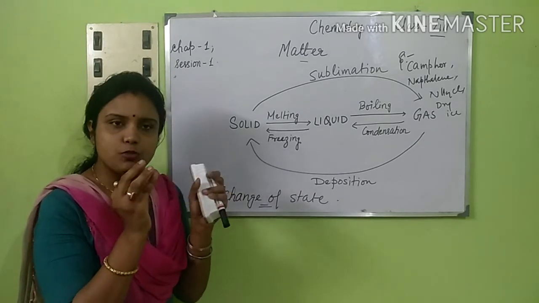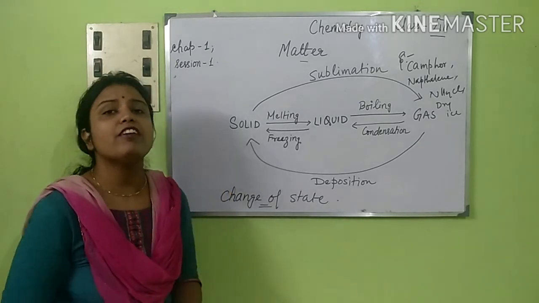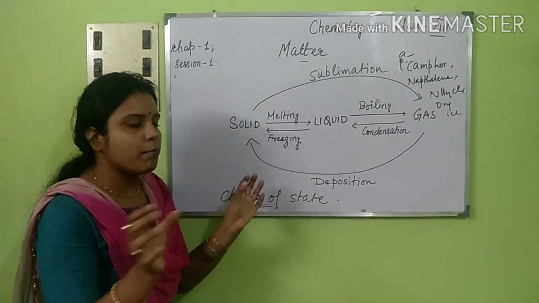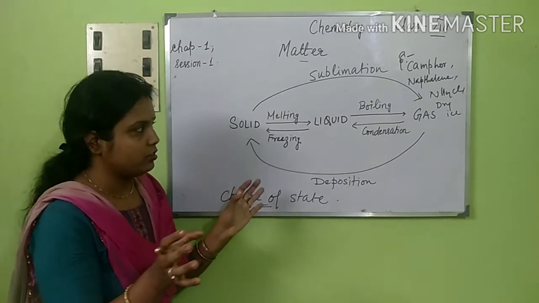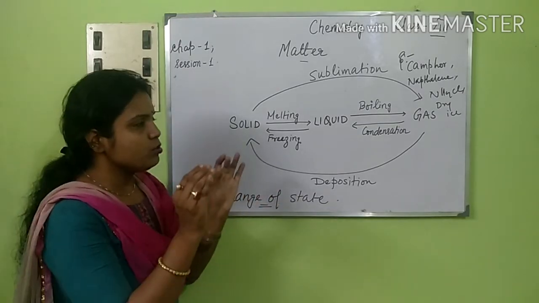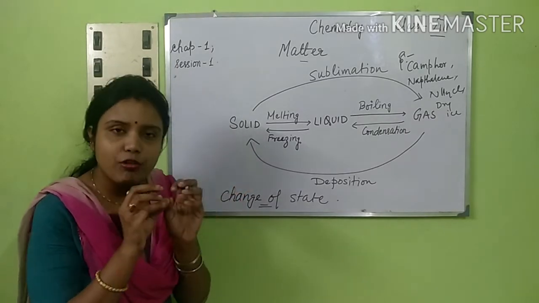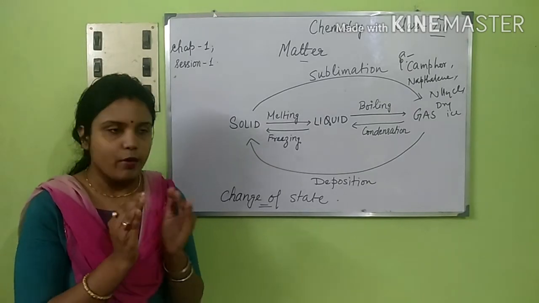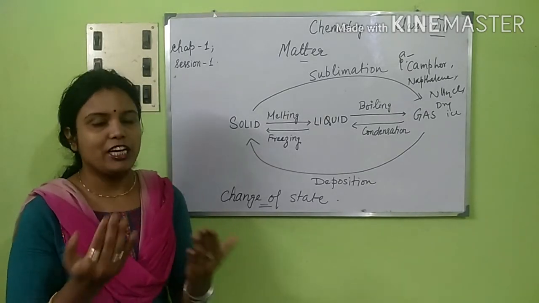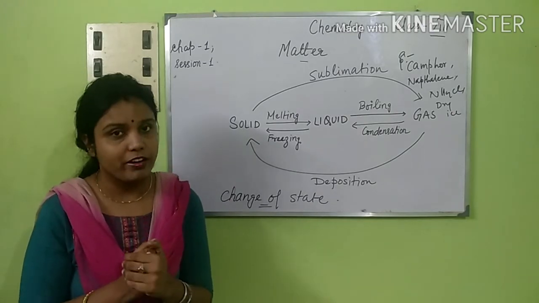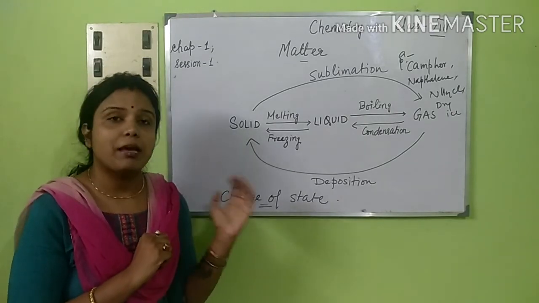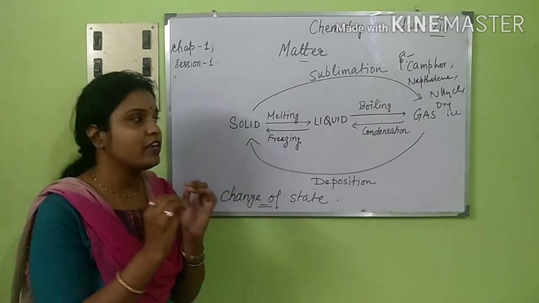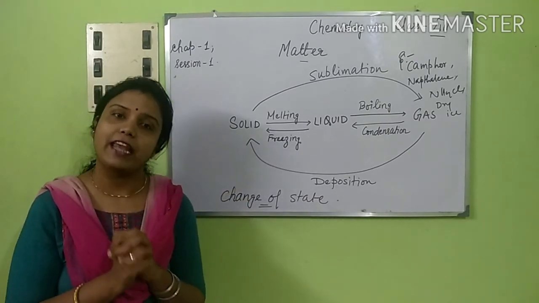Due to this, these molecules will start randomly moving very fast. Due to that, they will move much further away from each other. As soon as they start moving far from each other, they try to break the bonds between the molecules. Now as it breaks the bonds, the change takes place. But to be very frank, there is no change in the temperature. It happens at a particular temperature. It is only because of the energy that these changes of state take place.